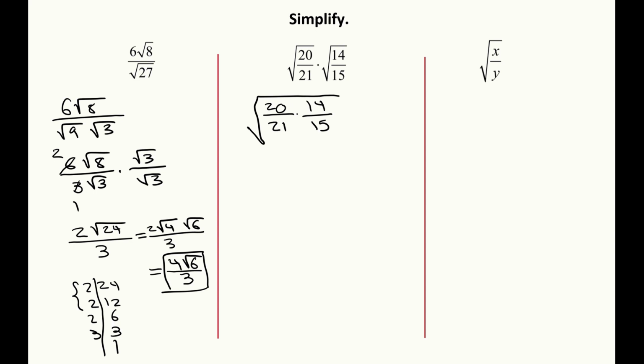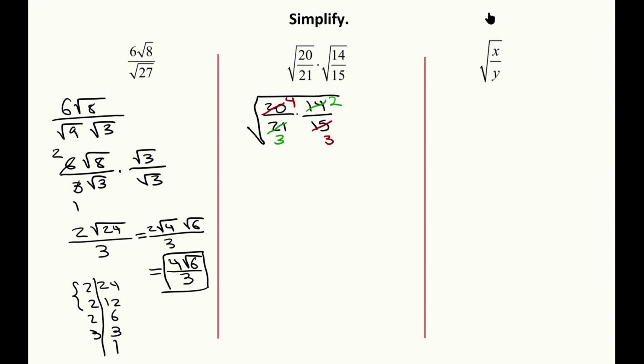Now we notice that, for example, 20 and 15 have a common factor of 5, which goes into 20 4 times and into 15 3 times. Now we also notice that 21 and 14 have a common factor of 7, which goes into 21 3 times and into 14 twice. Now you notice there's no more cross-canceling possible, but notice how much nicer and smaller our numbers have become.